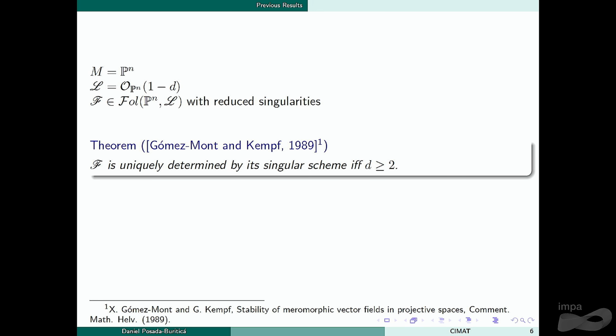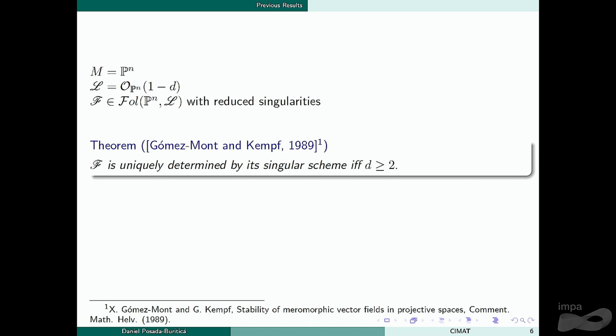And the foliation is a foliation with reduced singularities. That means isolated singularities, but the singular points have multiplicity 1. So Gomez-Mont and Kempf proved that the foliations are uniquely determined by their singular scheme if and only if d is greater than or equal to 2.